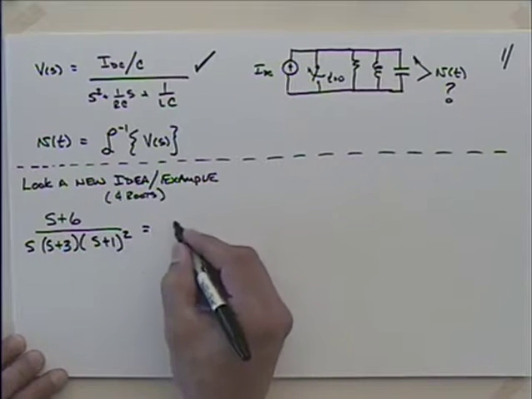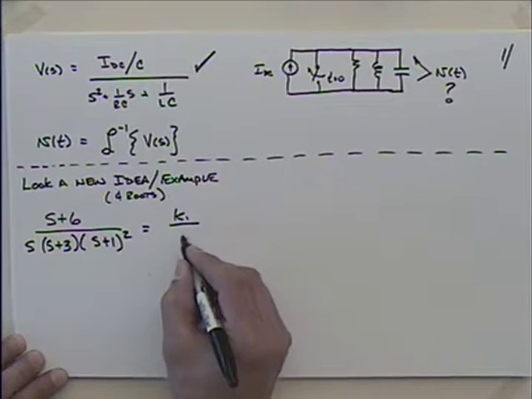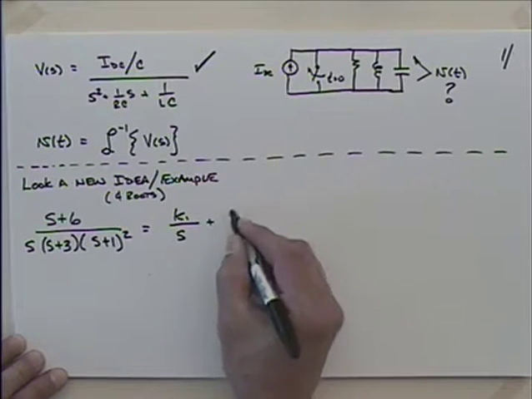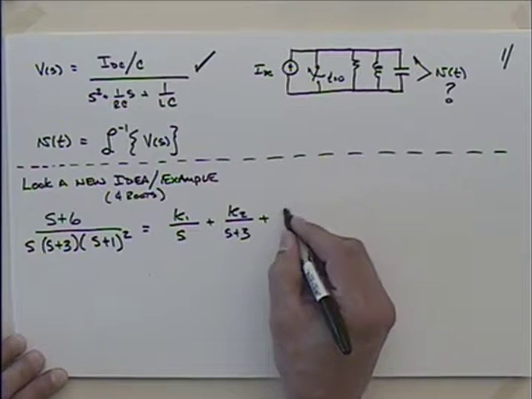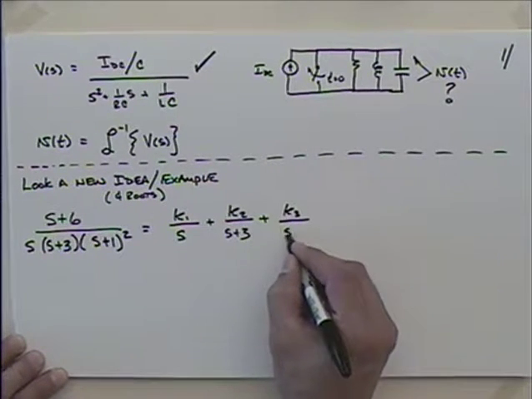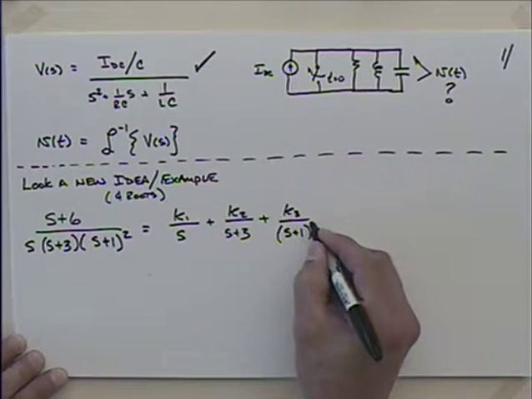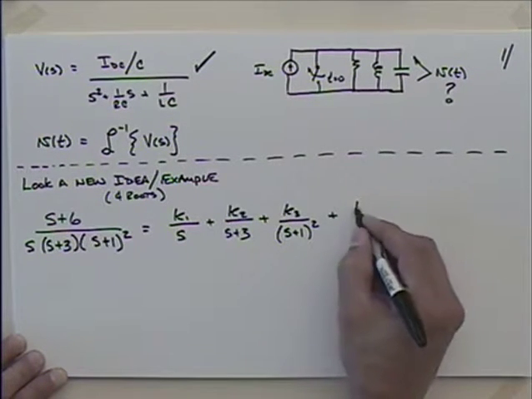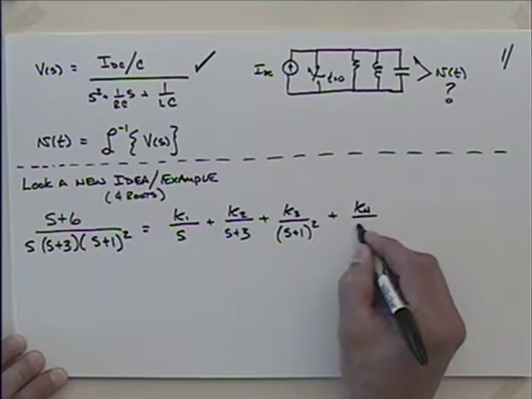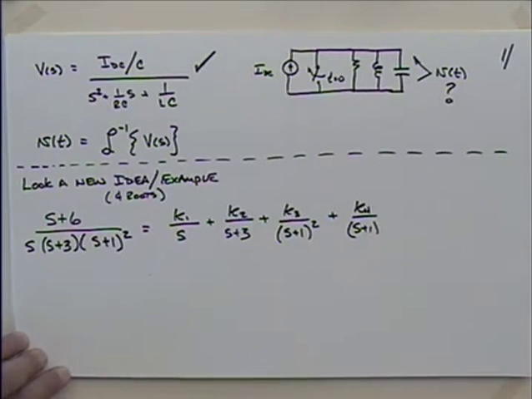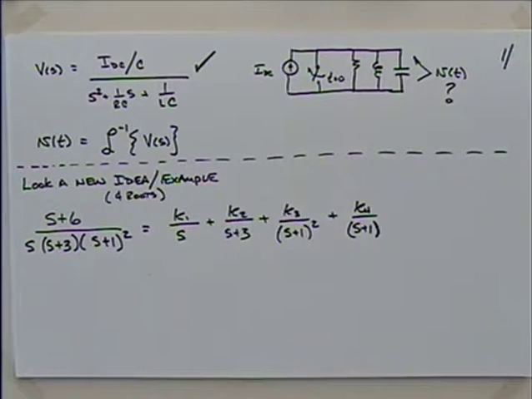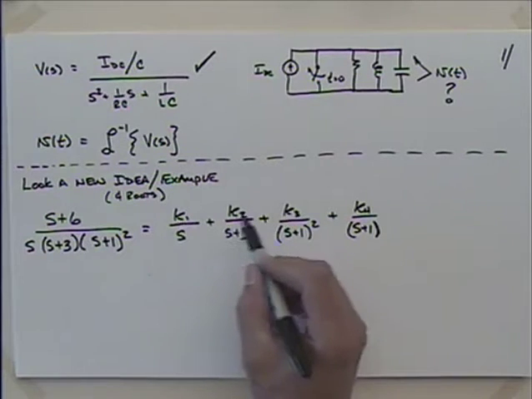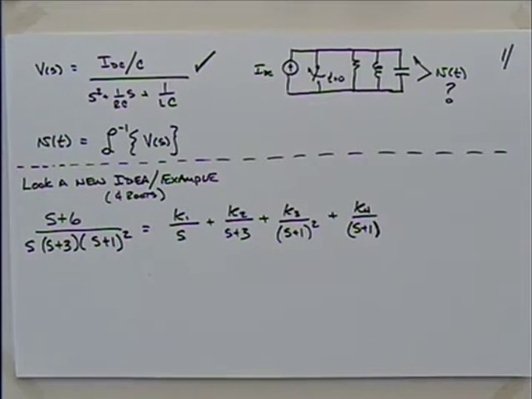So I'm going to write K1 divided by S, plus K2 divided by S plus 3, plus K3 divided by S plus 1 squared, plus then K4 divided by what? S plus 1 taken to the first power. That's the last root. Sometimes it's kind of hard to think about. Maybe in math class they would write this as A, B, C, and D. I'm going to write the constants as K1, K2, K3, and K4.